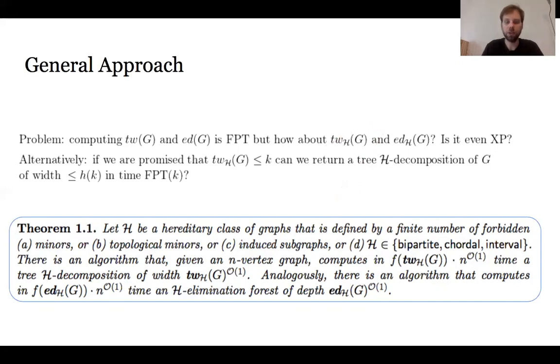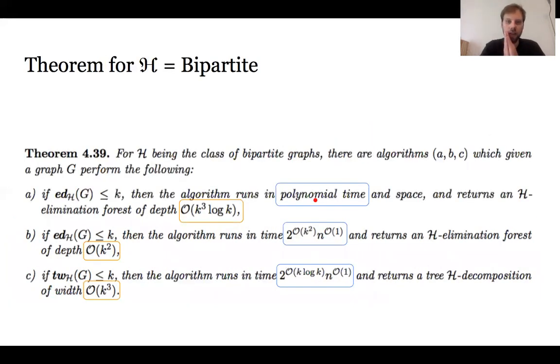And the same holds when we want to compute H elimination forest. These running times and approximation guarantees vary over different graph classes, and now I will just present how this theorem looks like for bipartite graphs.